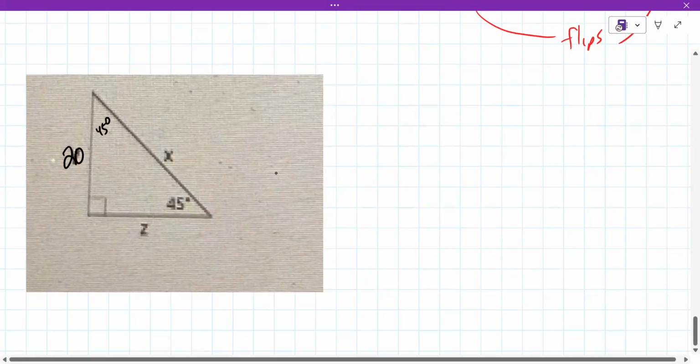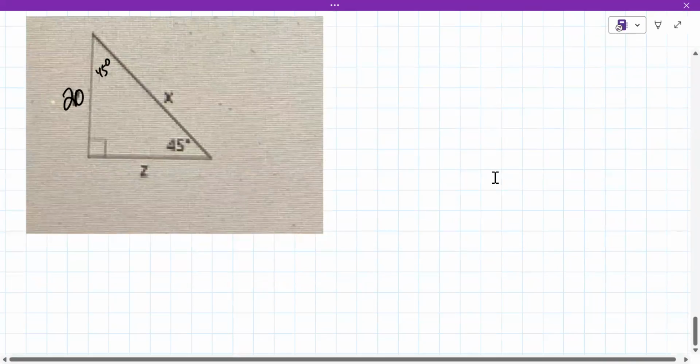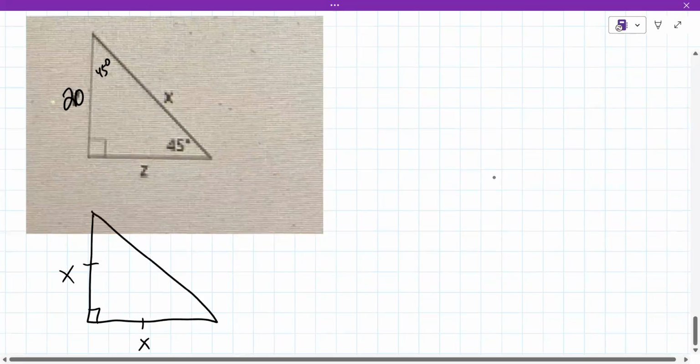So in a 45, 45, 90 triangle, whatever value each of the legs are when they're the same, you multiply by the square root of 2 to get the hypotenuse.